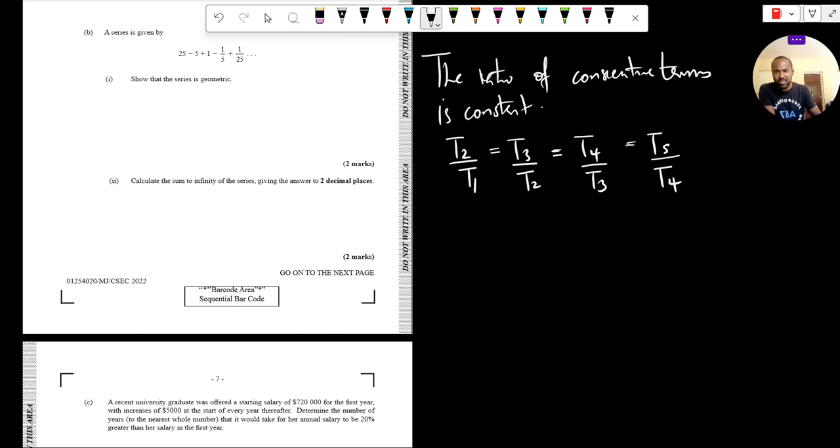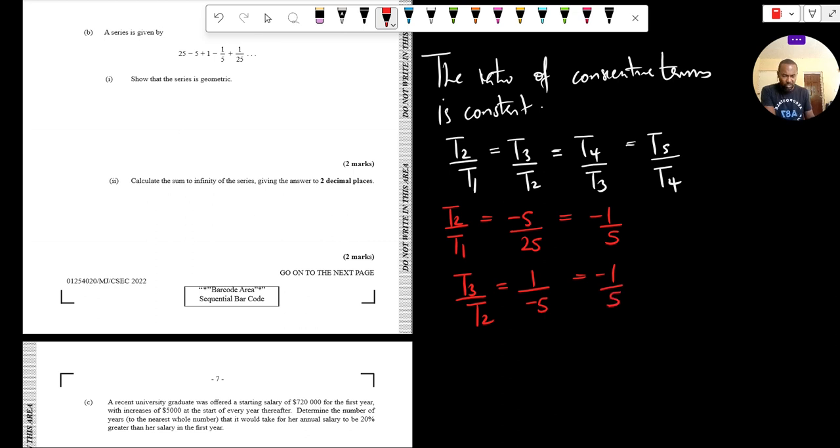Now let's check. In this particular series, the first term, t1, is equal to 25, and t2 is equal to minus 5. So say that t2 over t1 is equal to minus 5 over 25, which simplifies to give minus 1 over 5. Next, we check t3 divided by t2. t3 is equal to 1, and of course, t2 is equal to minus 5, so this of course is equal to minus 1/5.